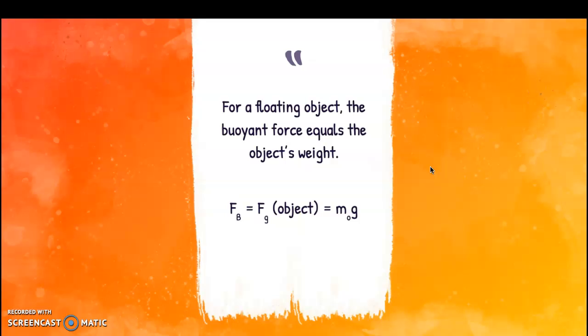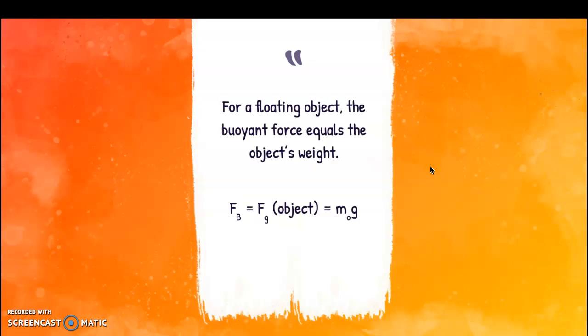Think about the Titanic as it's floating along through the North Atlantic. It has a force of gravity pulling downward, but also a buoyant force pushing upward, and those two were in perfect equilibrium, which meant the Titanic didn't sink and didn't fly off into space.